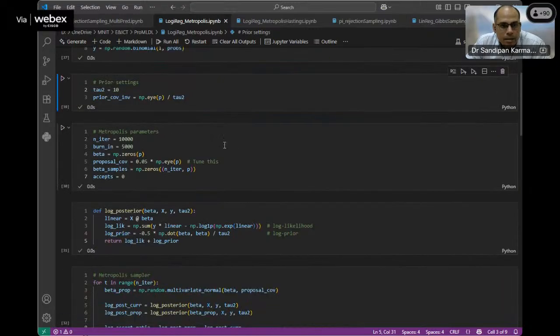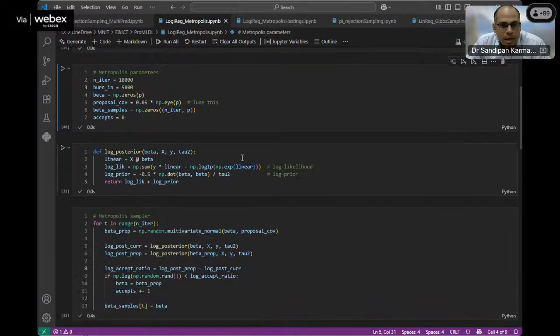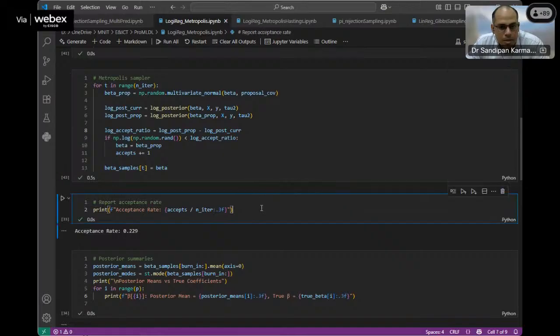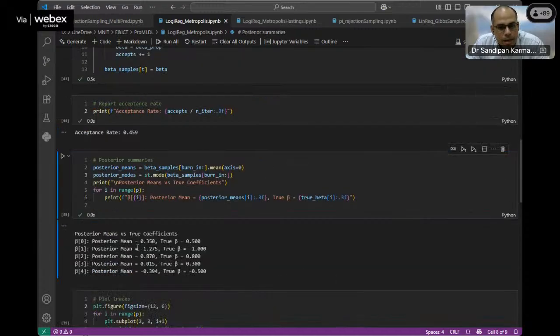Then the proposal, then the log posterior calculation. I calculate the beta proposal and find the current and the proposed posterior, and we accept based on uniform random number generation. The acceptance rate is coming very poor, 0.459, and the posterior mean is 0.35, but the true beta was 0.5.